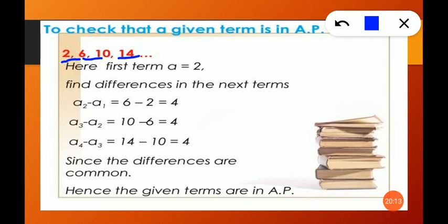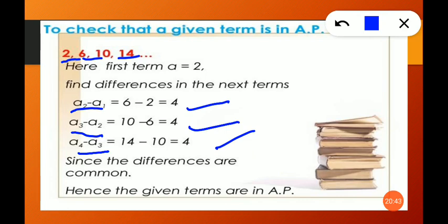First, the difference between the second term and the first term comes to 4 here. Then the third and second, it is also 4. Fourth and third, it is also 4. So all the three differences come to 4. Hence the given terms are in AP.